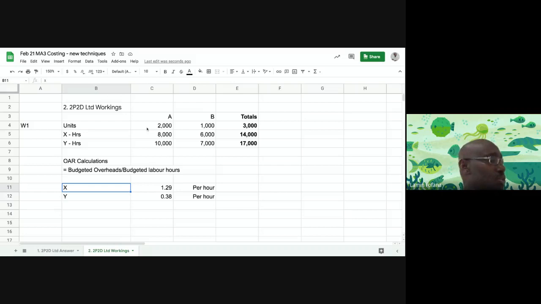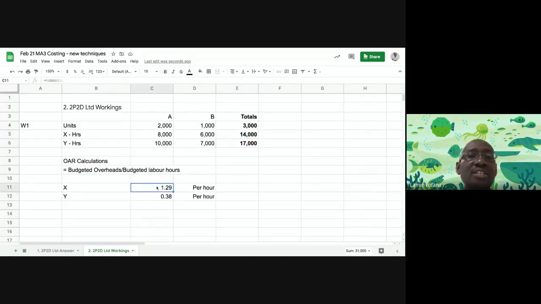What I want you to do for me is, as your assignment, I want you to do the part B and then the part C of this question. Part B is a lot easier because that one you're going to use only one OAR. So that means you are going to add everything. So instead of separating department X, you're going to add these two to have your total of 31,000.